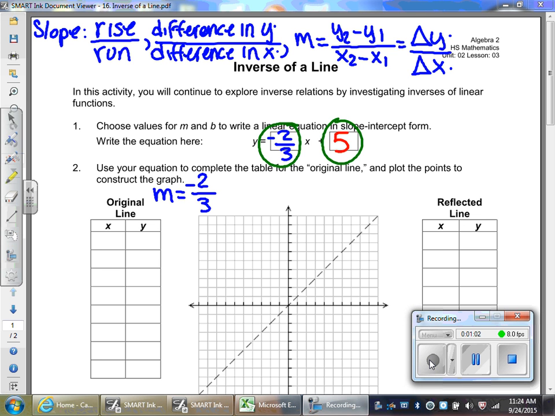And going by the definition of slope, we know that we're going to have a point, and then from that point, the constant rate of change will be 2 units down and 3 units to the right. So what I'm going to do is use the y-intercept.